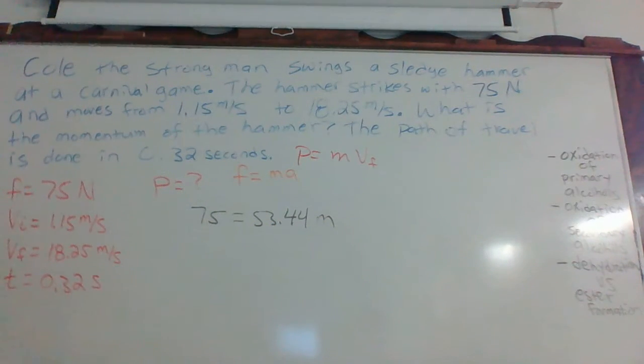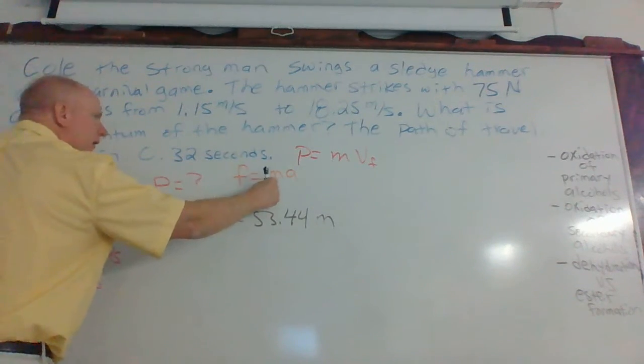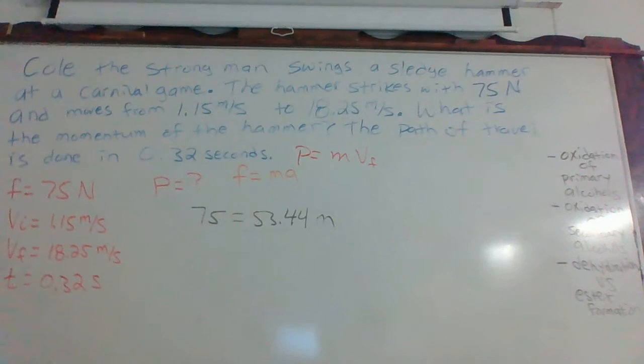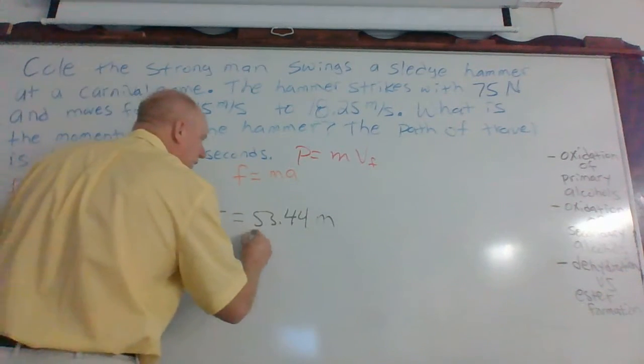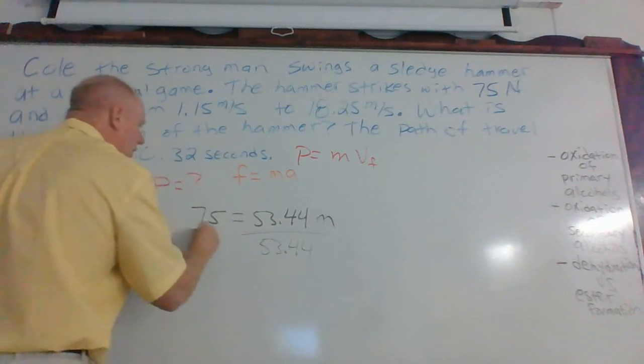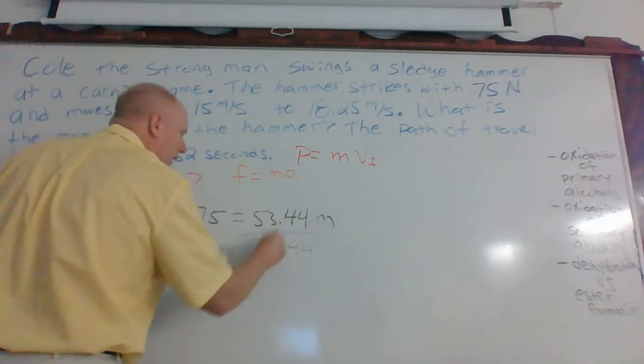Now that we've got this equation, we can solve for our mass and then plug that into our momentum formula. We divide each side by 53.44, and these cancel.